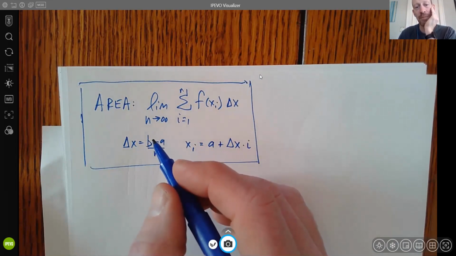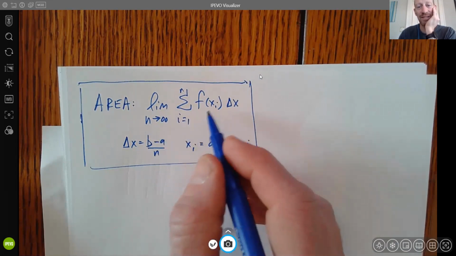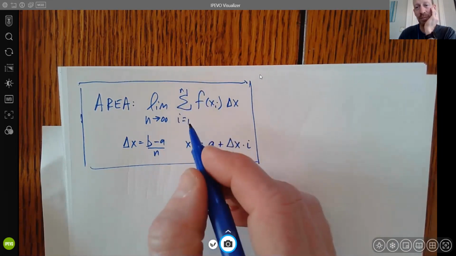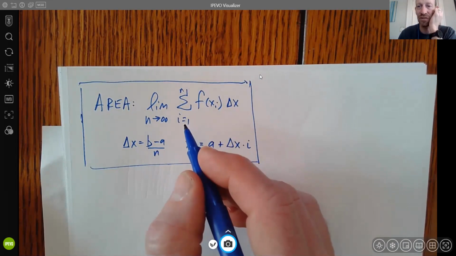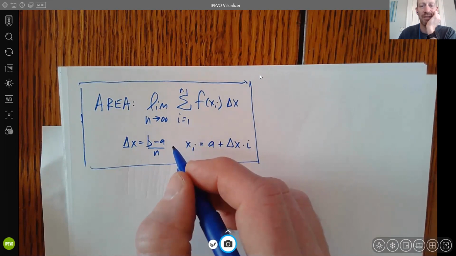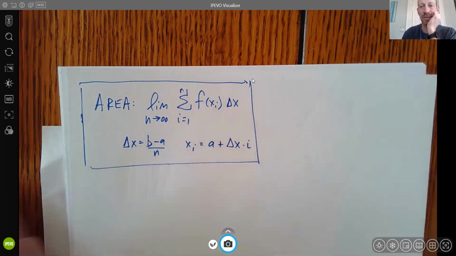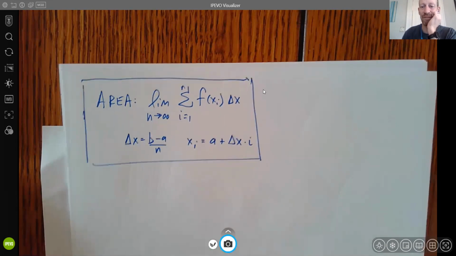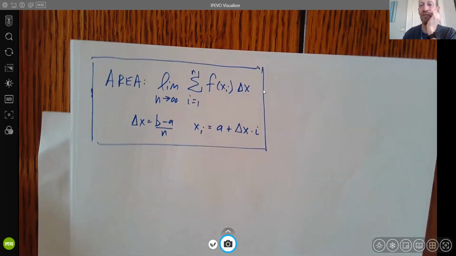Now, in order to be able to do that, I need to be able to do some things with the sigma notation. So that's why you need to look at that video to check that out. And I need to work with some other tools here to figure out how to calculate and actually do this work, right?